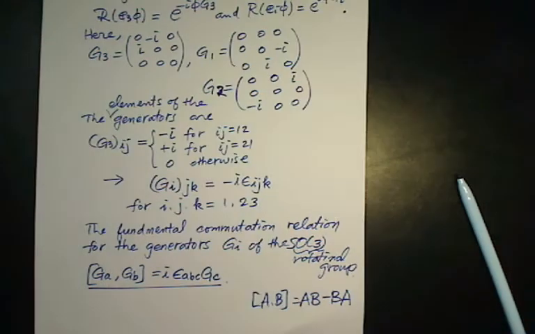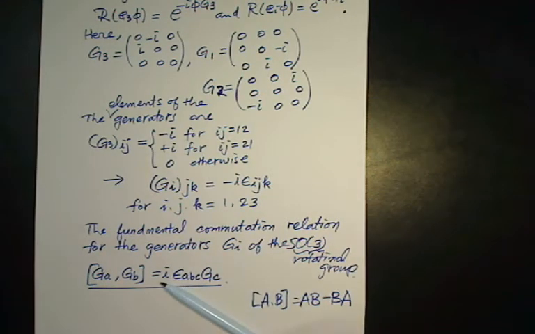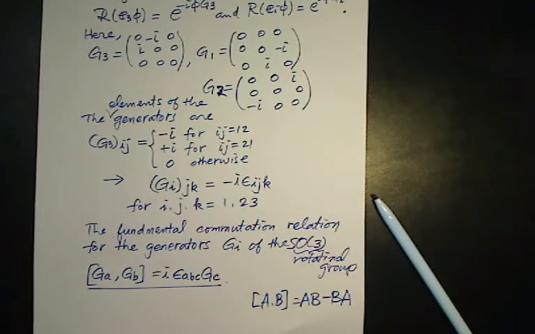Because of this, we immediately obtain that the generators of the spatial orthogonal group satisfy the following commutation relation. And this commutation relation is not for the Poisson bracket, but for just the algebraic commutator, A times B subtracted by B times A. This shows that mixed rotation generates a rotation about another axis.